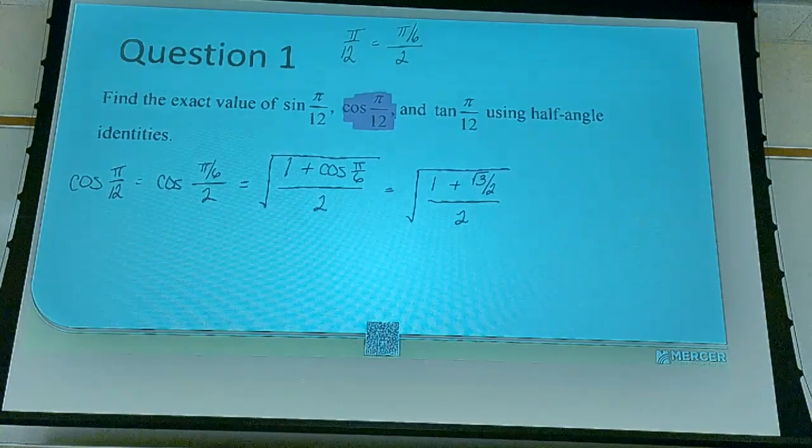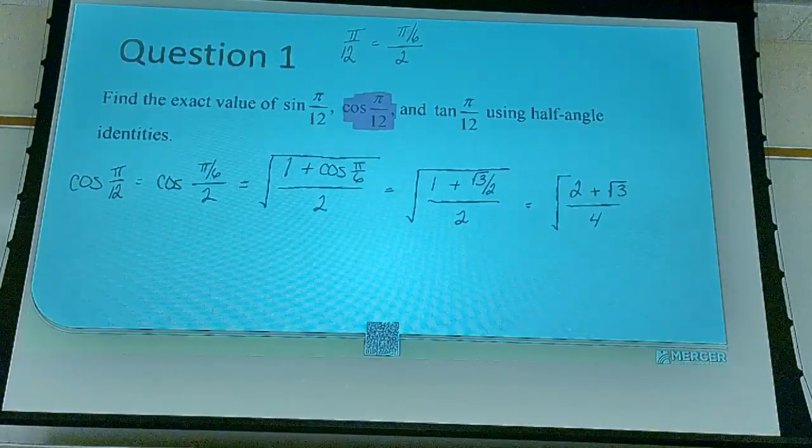Cosine pi over 6, still root 3 over 2. Simplify the compound fraction. Square root of 4 is 2.